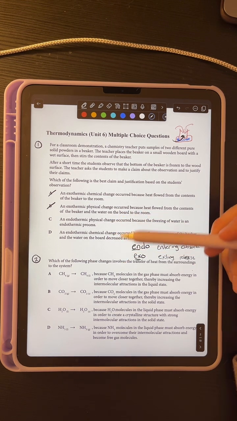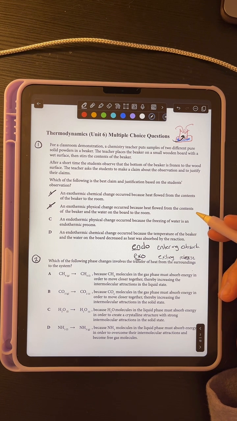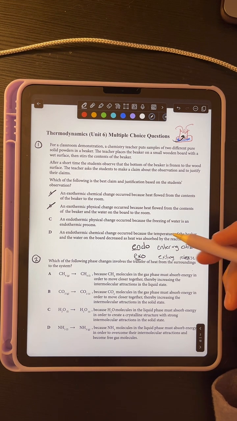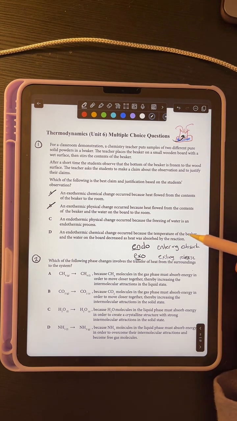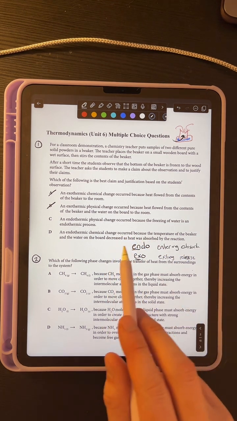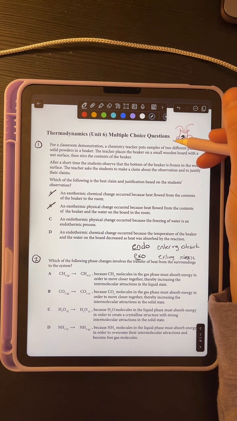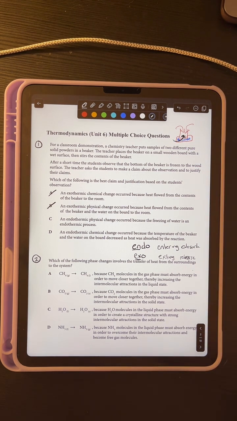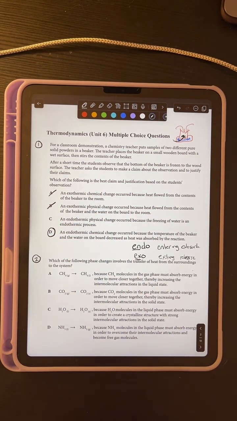And all of these types of reactions where we have a heat change, where we're either releasing heat or absorbing heat, those are going to be, for the most part, chemical changes if we're reacting two things together. So that's going to be a chemical change because the temperature of the beaker and the water on the board decreased as heat was absorbed by the reaction. And that's sort of what we were just talking about. Heat was being absorbed by our reaction to cool down the surroundings. So the correct answer here is choice D.